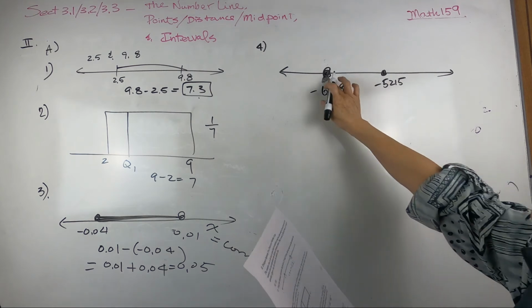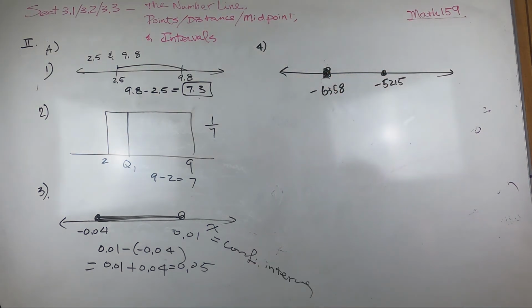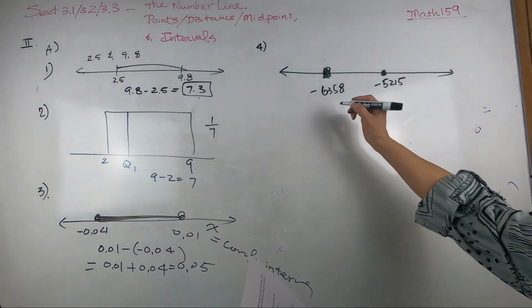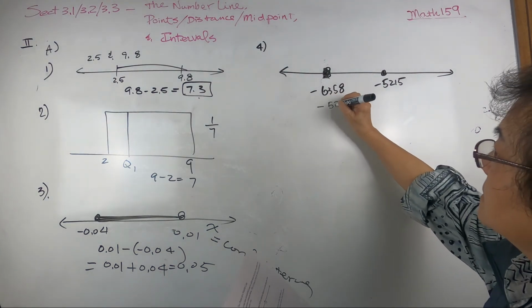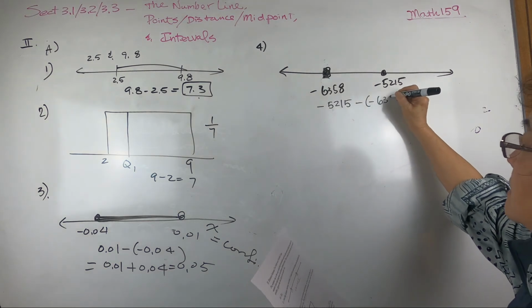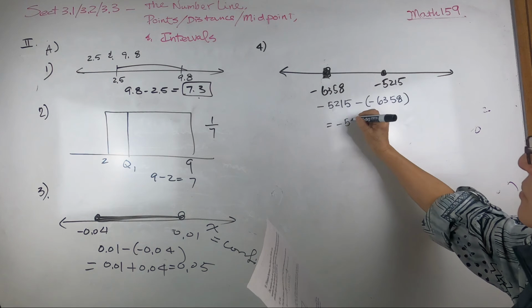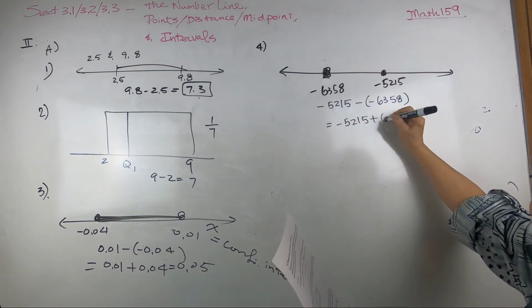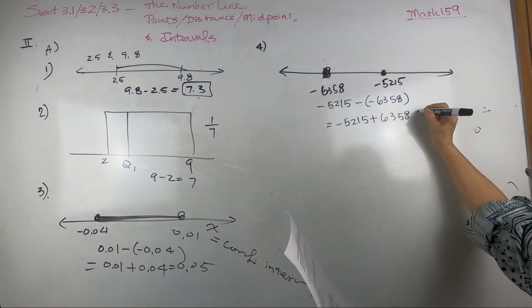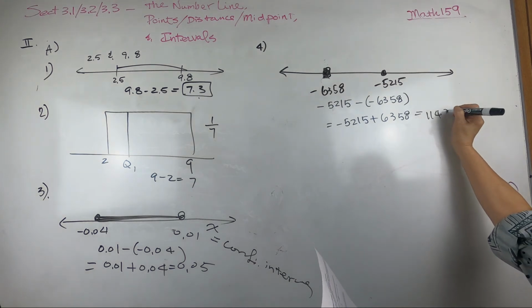So confidence interval means within this area, right? So what do we do? We find the distance, minus negative 36358. So you do your math, become this, right? So you add them together and 1143.